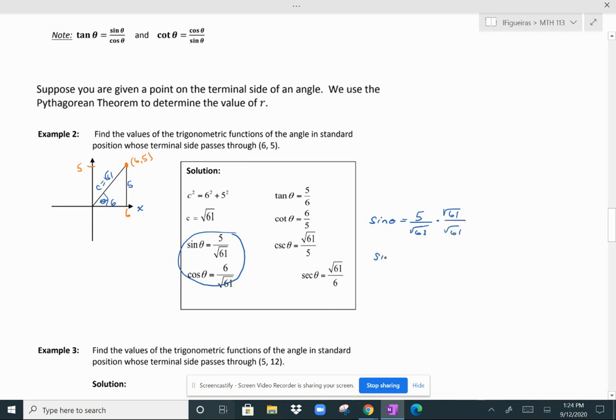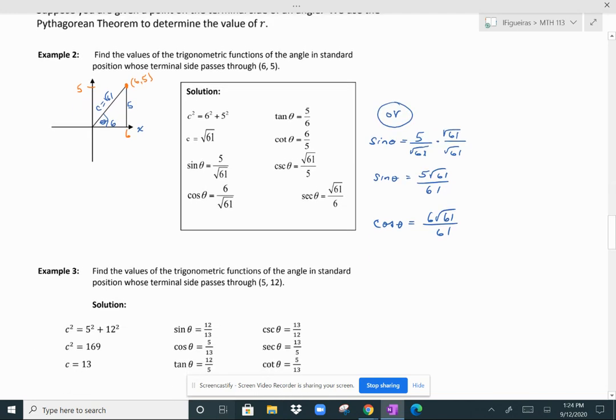So that just gives us 5 root 61 over 61. And you would do something similar with cosine. You would multiply top and bottom by root 61. So you would get cosine is 6 root 61 over 61. Okay, so sine and cosine could be expressed differently.